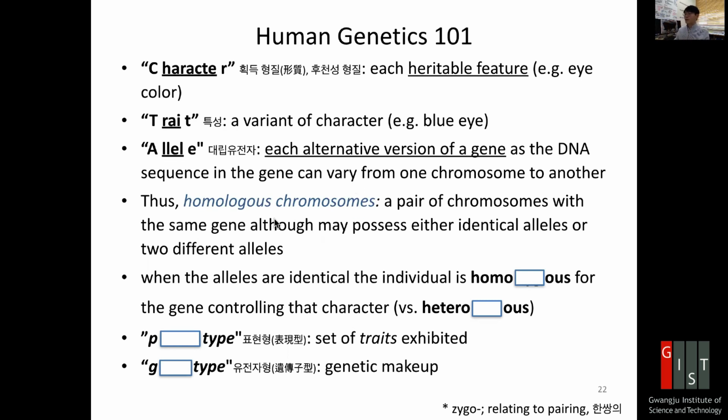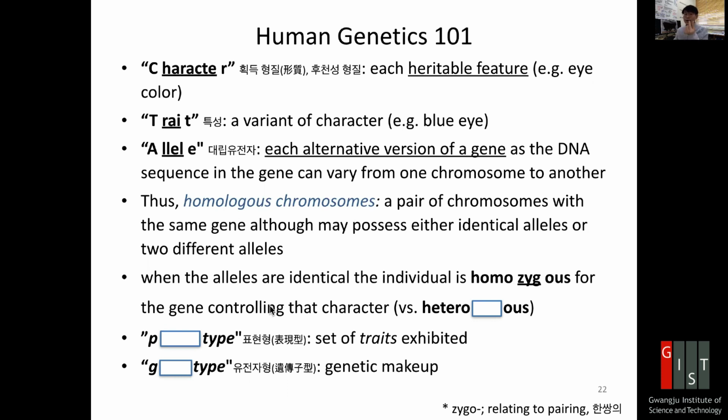A homologous chromosome pair carries the same genes, although it may possess either identical alleles or 2 different alleles. When the alleles are identical, we call the individual homozygous for the gene controlling that character.